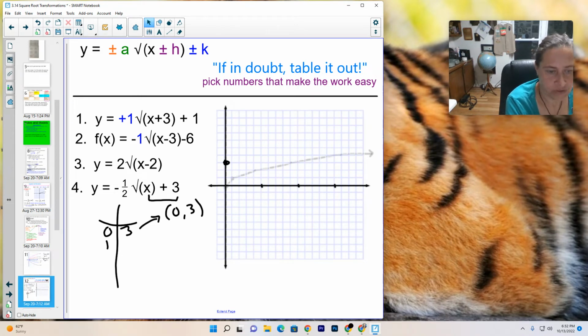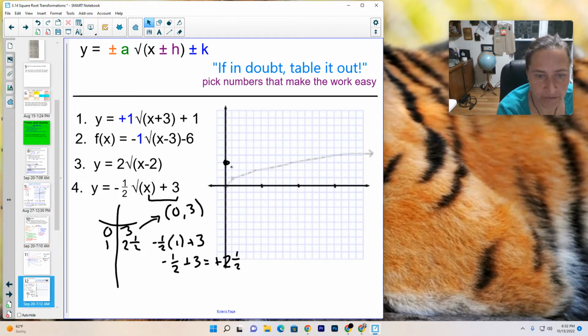The square root of 1 is 1. -1/2 times 1 plus 3. So that would be a -1/2 plus 3, which is going to be a positive 2 and 1/2. So we'd go 2 and 1/2. So over 1, up 2.5.